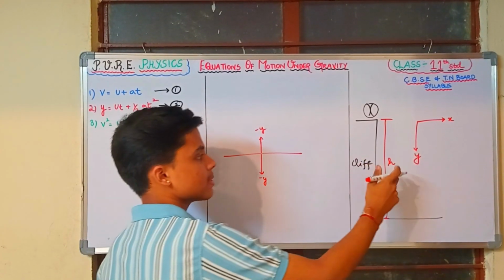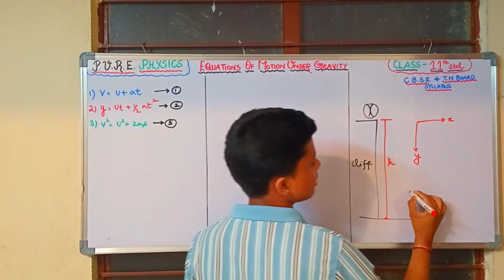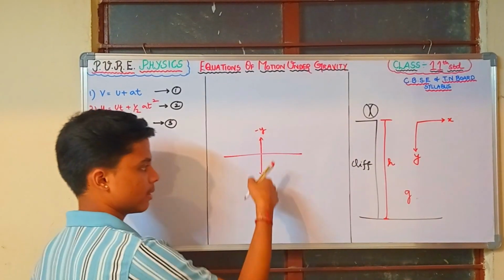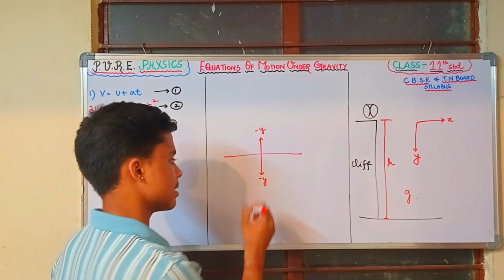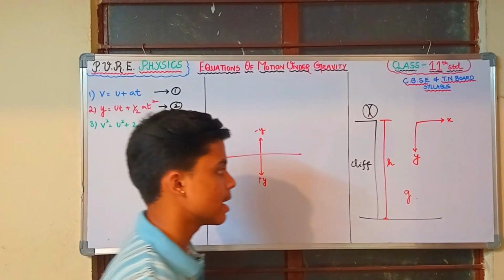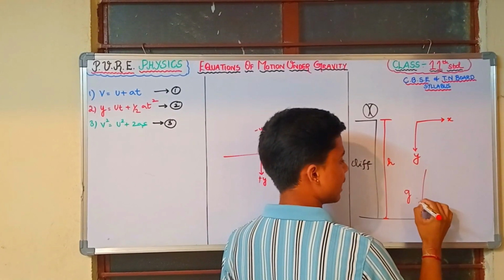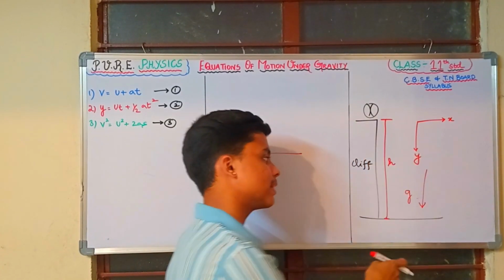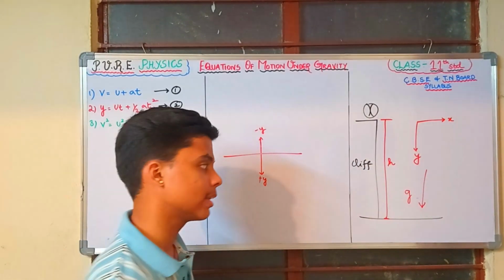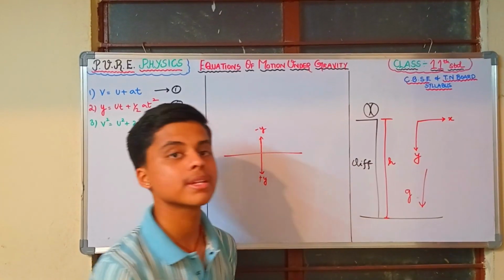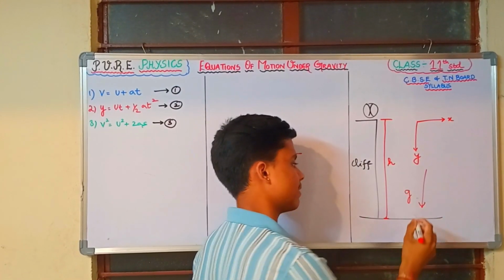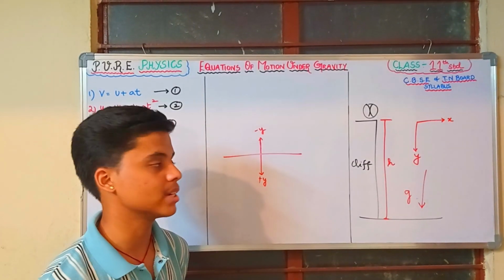But now, since I'm going to deal with gravity, I'm going to take the axis below the origin as the positive y axis, because gravity is always acting downward to the surface of the earth, and the ball is also travelling downward towards the surface of the earth. Therefore, it is not opposing the gravitational force. That is why I take gravity as positive g, because it is going along with the gravitational force.